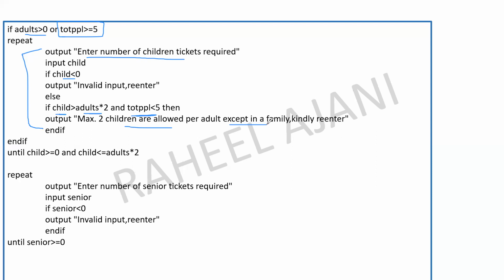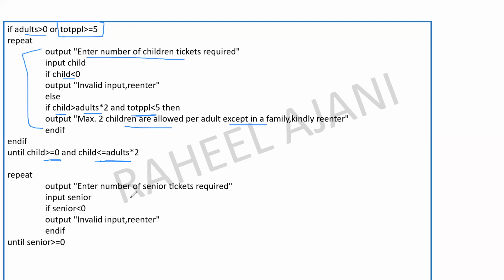Once the child count is clear, that means once you input a child count which is 0 or greater than 0, and the second condition is children should be less than twice the adults, the program will proceed ahead, and you go to the last part of your input, which is asking about the number of seniors.